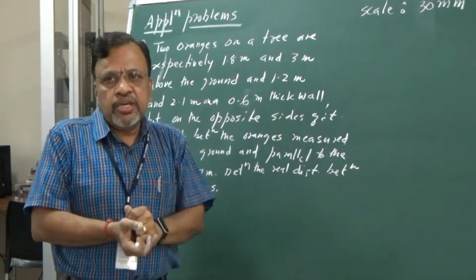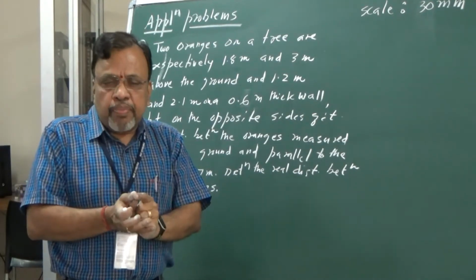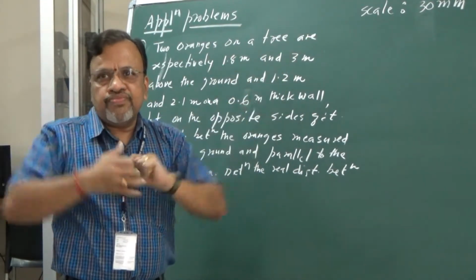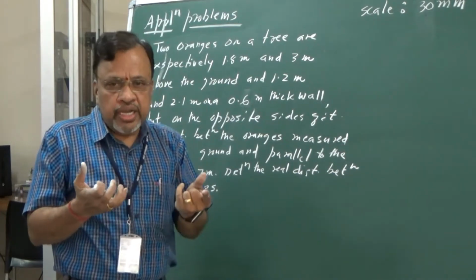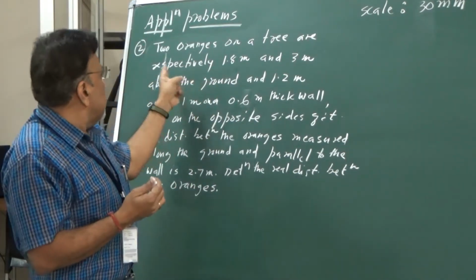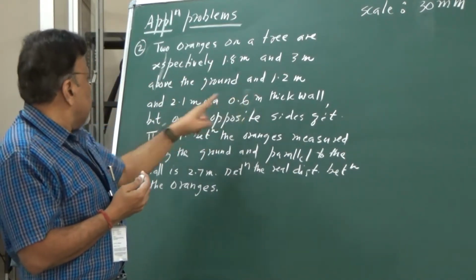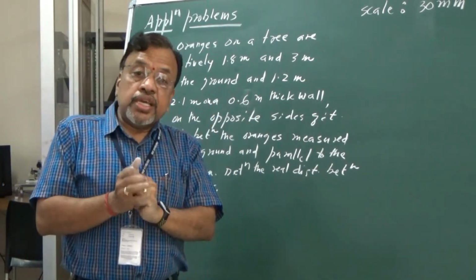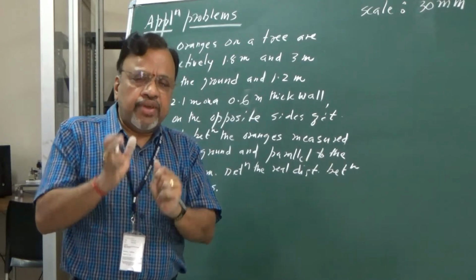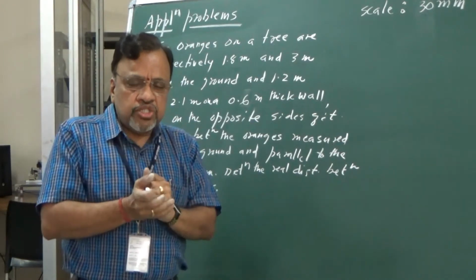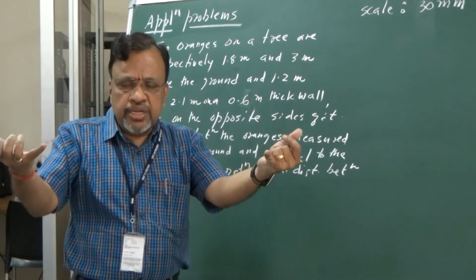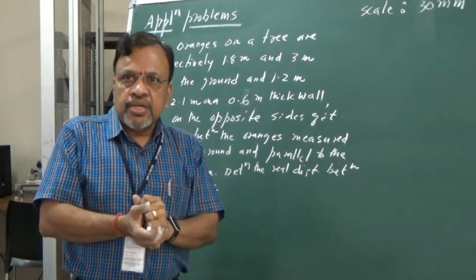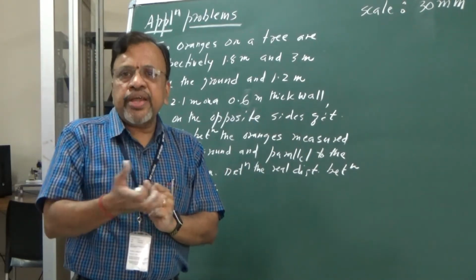So we have a tree wherein that particular tree's branches could have been spread out, such that we have one orange, he has given 2 oranges, 1.2 and 2.1 meters on a 0.6 meter thick wall. If I say thick wall, what wall do we generally consider? Let us say I am just imagining a situation wherein you have 2 adjacent houses and in between you have an orange tree.